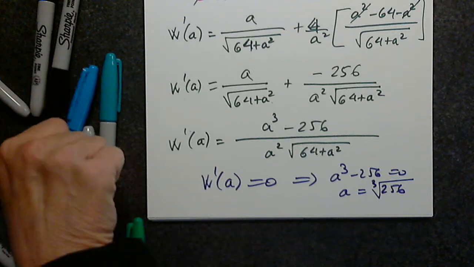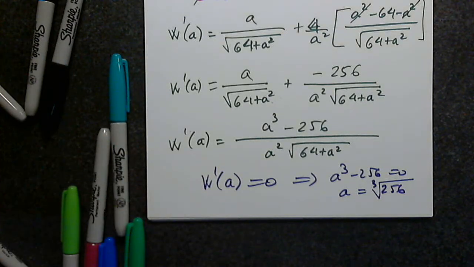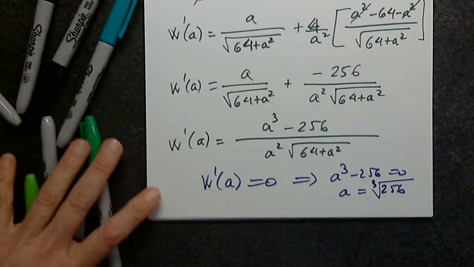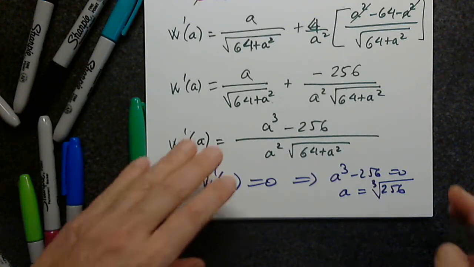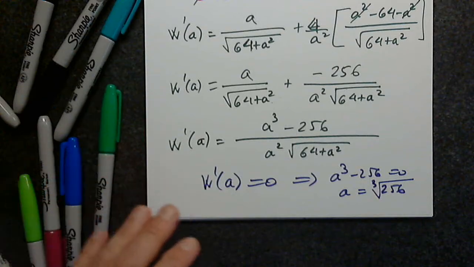Okay then, by the time I got here, I forgot what I was looking for. What was I looking for? A max or a min? We're looking for the shortest ladder. Yes, indeed. So I'm hoping that this will give us a minimum. Otherwise, I'm in big trouble.